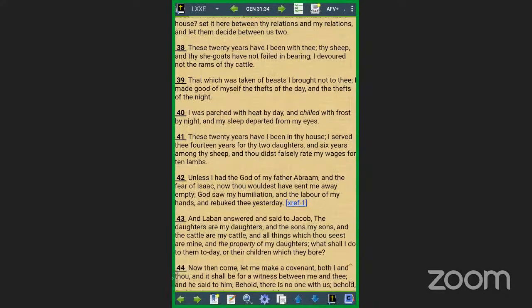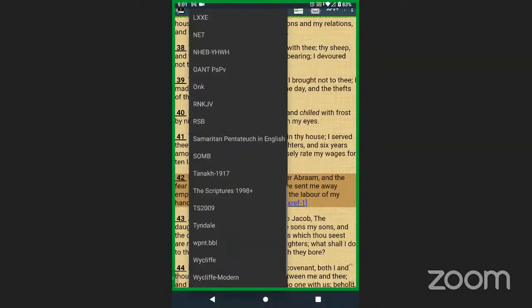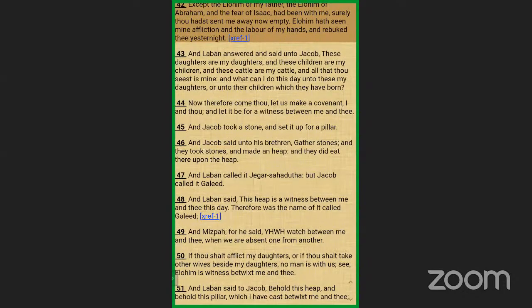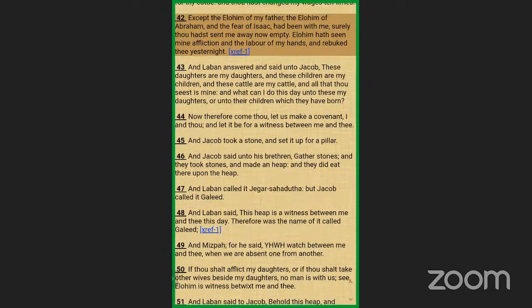So this is how the Septuagint reads here: unless I had the Elohim of my father Abraham and the father of Yitzhak, now you would have sent me away empty. Elohim saw my humiliation and the labor of my hands and rebuked you yesterday. So we'll see how it differs in the Masoretic: except the Elohim of my father, the Elohim of Abraham.